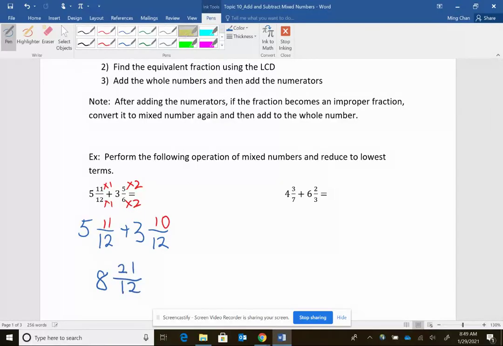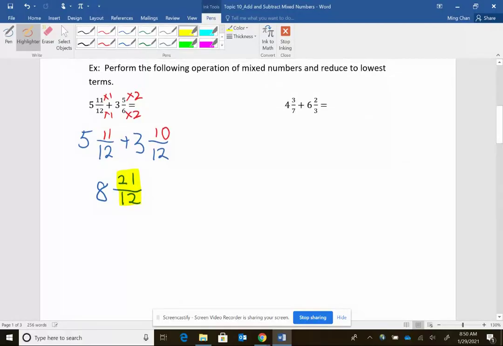This part right here is an improper fraction, so what we're going to do is convert this improper fraction into another mixed number. 12 will go into 21 how many times? Well, it's actually 1 time. 21 minus 12 is 9. So this part is 1 and 9 over 12.